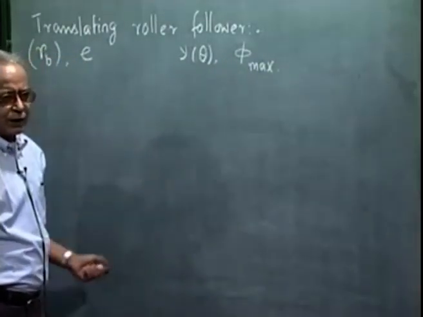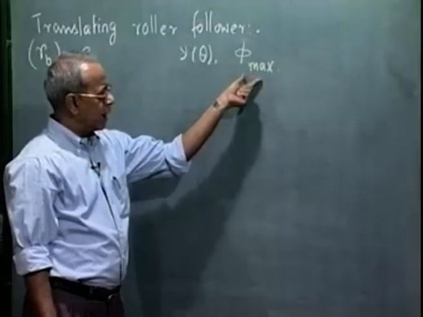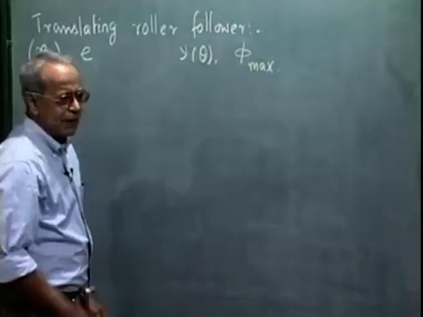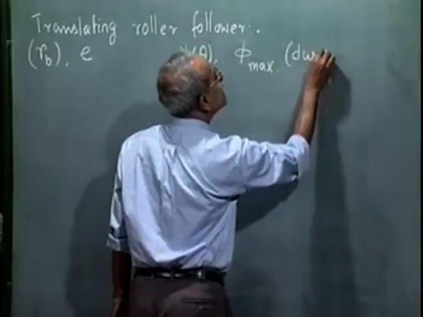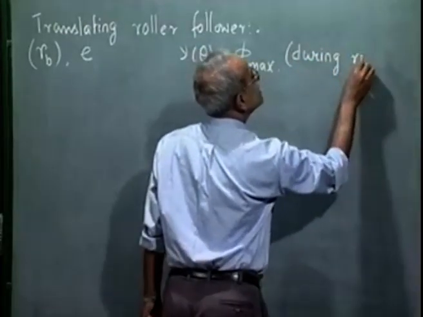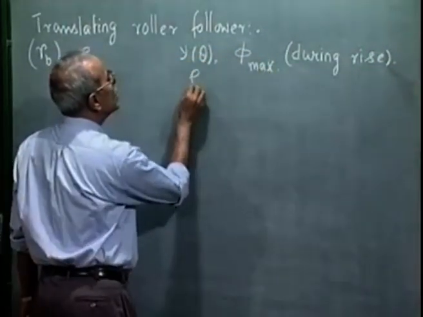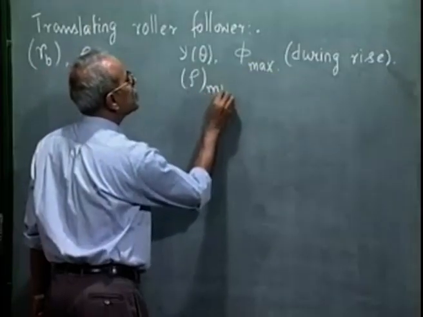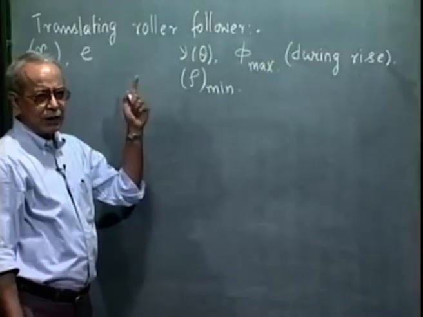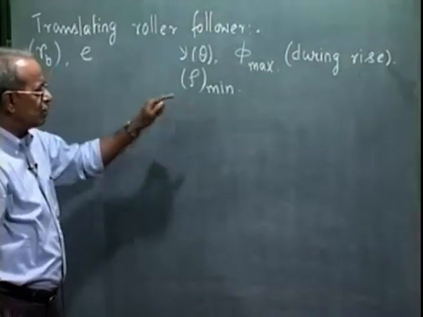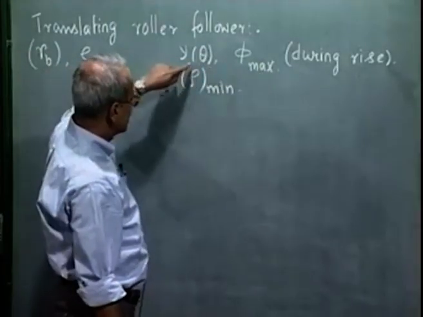As we know, during the rise of the follower, this angle is critical and it should not be allowed to go beyond a prescribed maximum. So phi max, let me say, during rise. This is also prescribed. And rho min of the cam profile, as I said in case of a flat face follower, is dictated by the contact stress point of view. But what we will do here, we will satisfy this maximum pressure angle condition for a given y theta.